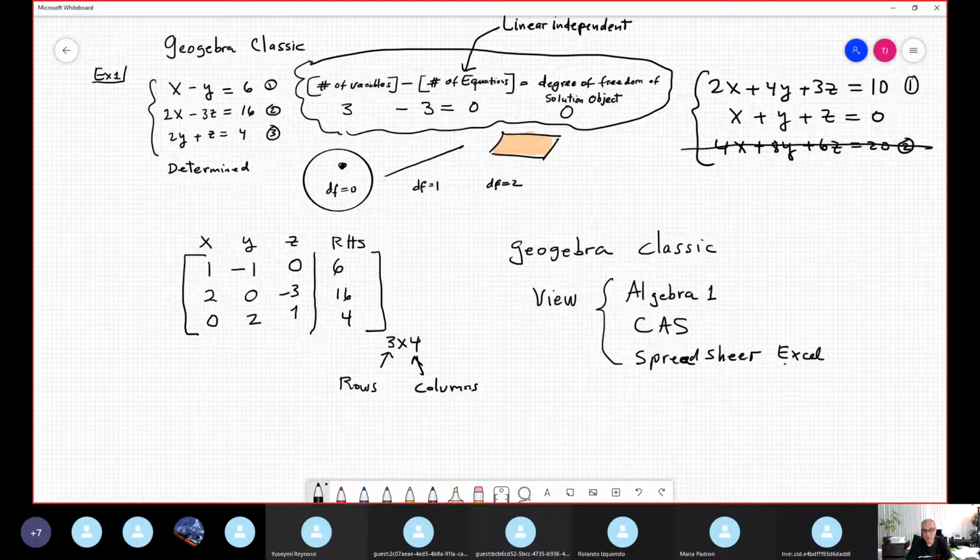This is super important because we can edit in the spreadsheet. Okay, actually, no, Excel is not it, it is Geogebra. You put the numbers in order, 1, -1, 0, and you create the matrix. And when you create the matrix, automatically that matrix is transferred to the algebra view.